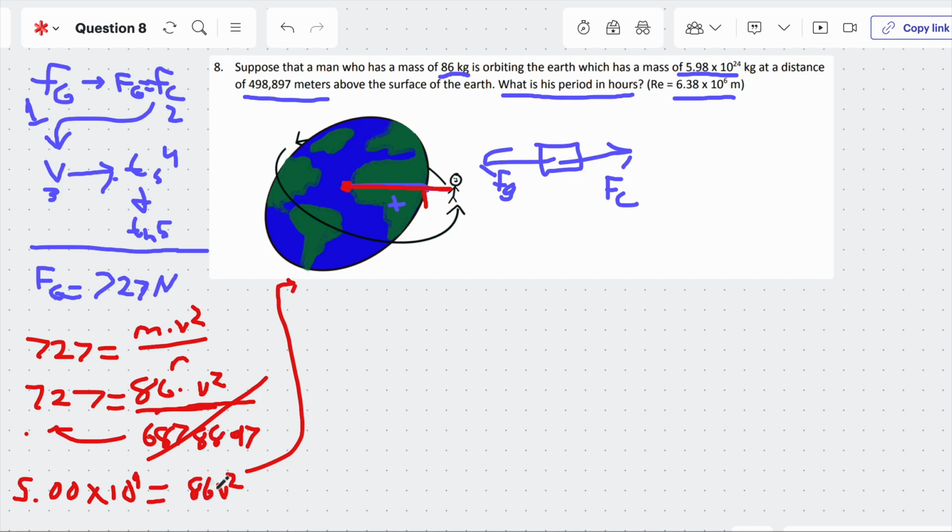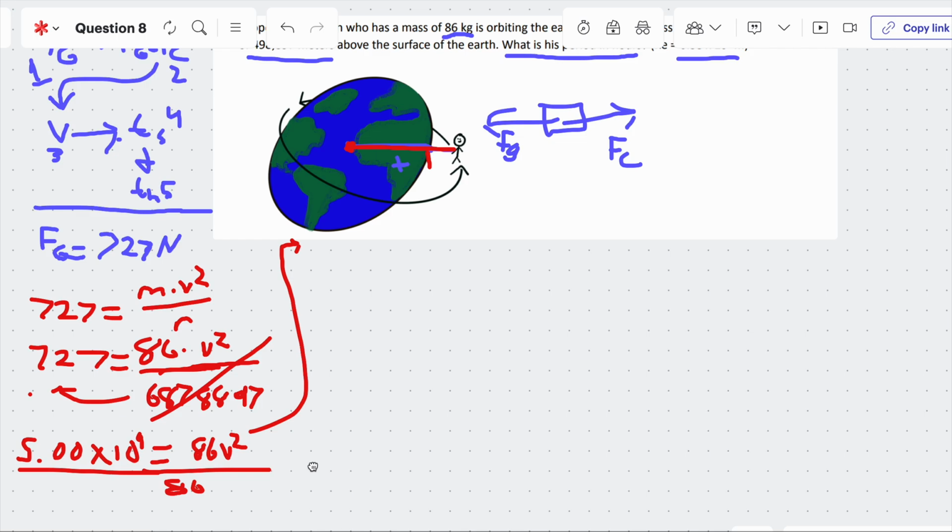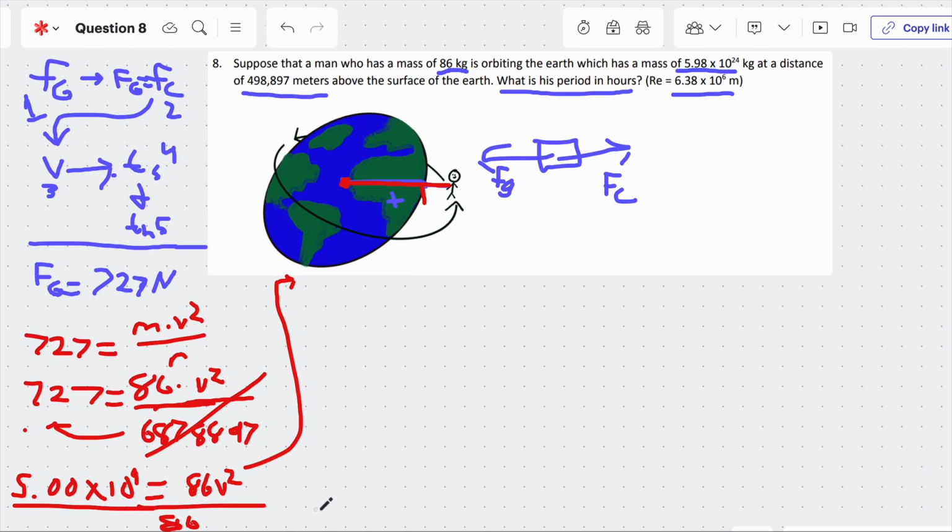Next step, we're going to move it up here. Going to divide by 86. 86 is multiplying, division undoes that. So divide both sides by 86. You can see that. Okay. So we divide by 86. 86's cancel out. We just want to take that 5 times 10 to the 9th and divide it by 86.